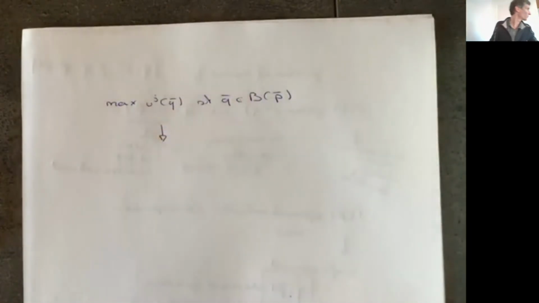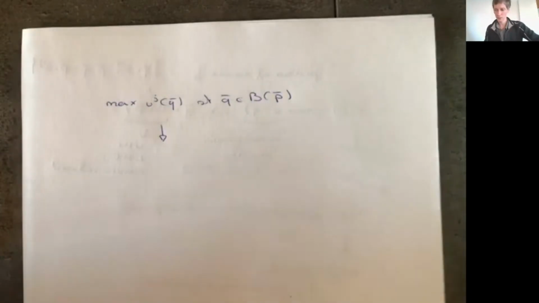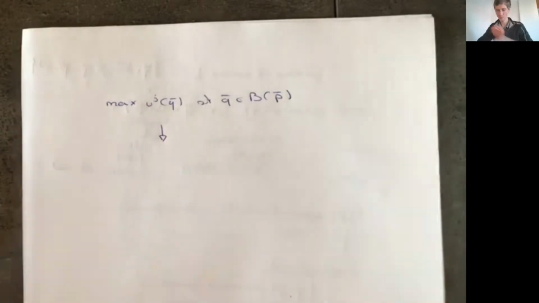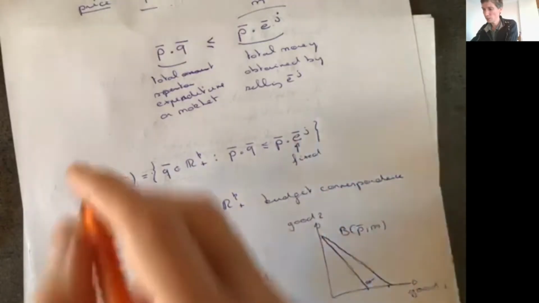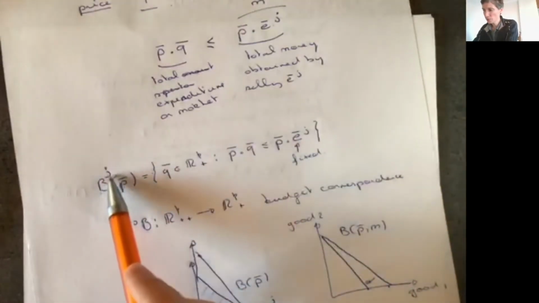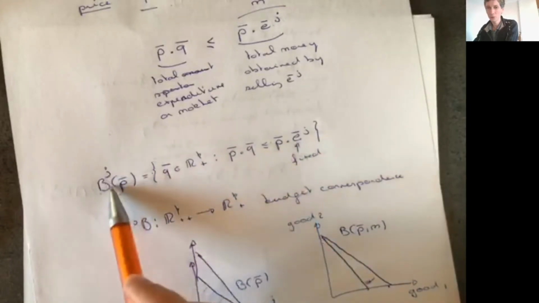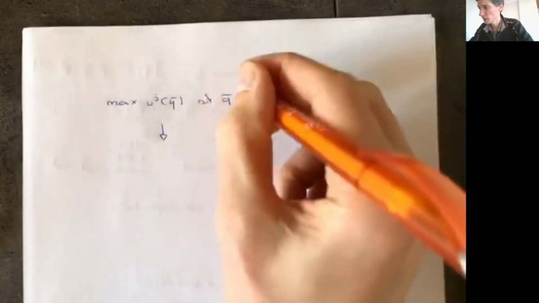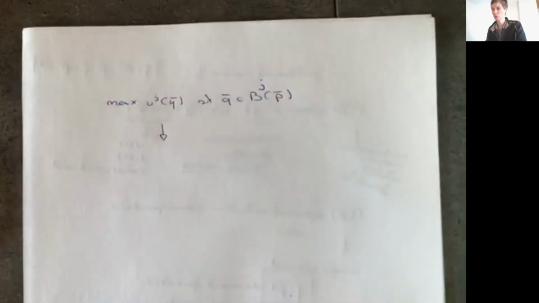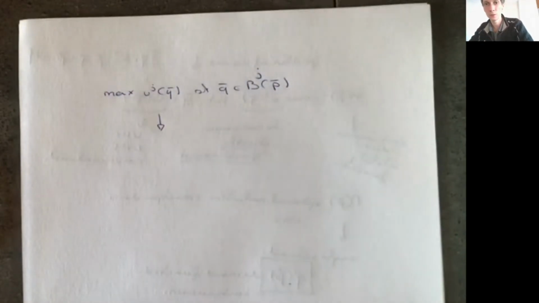Something that I forgot to tell you, just a detail: if I define the budget set, it actually depends on the endowment. So the budget set for different people is different, because the endowment will be different. So we can also put a superscript on the budget set to make sure that this budget set will vary from individual to individual.